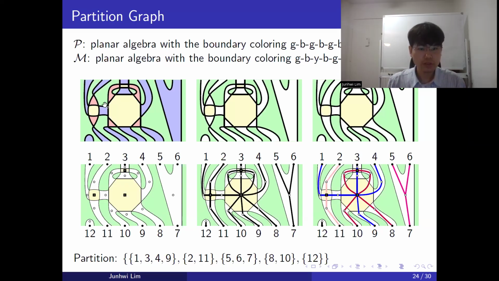The first thing we do is to remove red and blue colorings. And after that, we remove some crossings. And we place square vertices to yellow regions, white circular vertices to white regions, and black circular vertices to the white intervals.